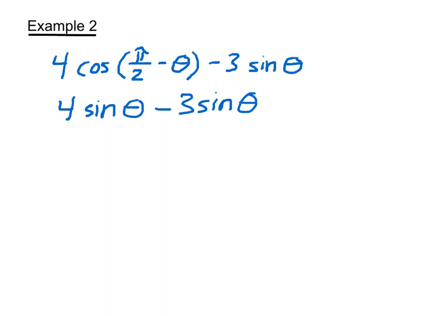And once I know that, again, the last step is fairly straightforward. I have 4 sine theta minus 3 sine theta, which leaves me with 1 sine theta. So the key to these problems is really finding the term that you can change and seeing which one is most beneficial to change so that your multiple terms now simplify into less terms.